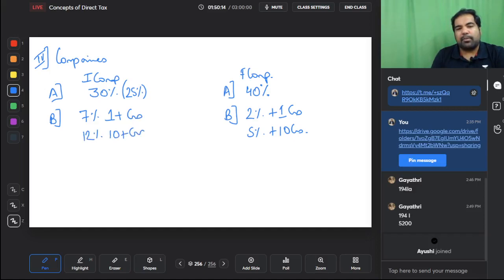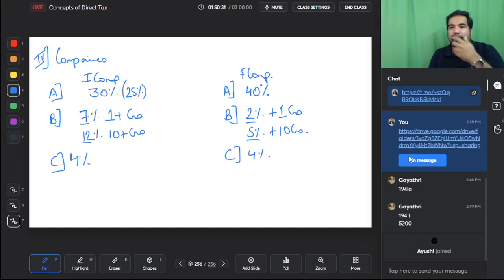I'll tell you how I remember it. 2 plus 5 is 7 and 7 plus 5 is 12. So the gap is of 5, these two you add and then you get it here. And of course C is the same in both the cases, 4%, 4% is the HEC. Here also, if the income is above 1 crore slightly or above 10 crores, you'll have to check for marginal relief. This is companies, foreign company and Indian companies.